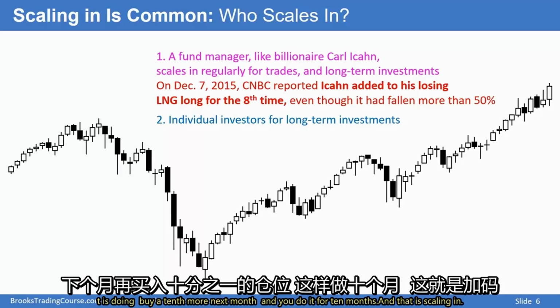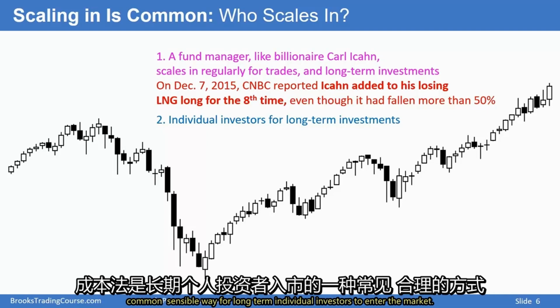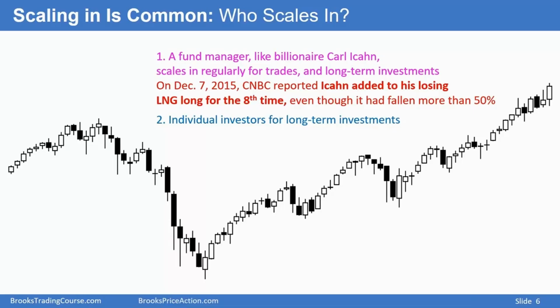And that is scaling in. You might be scaling into a winning position, you might be scaling into a losing position, but dollar cost averaging is a common, sensible way for long-term individual investors to enter the market.